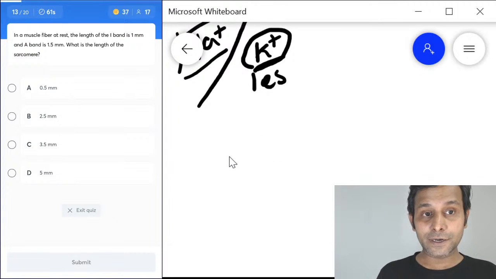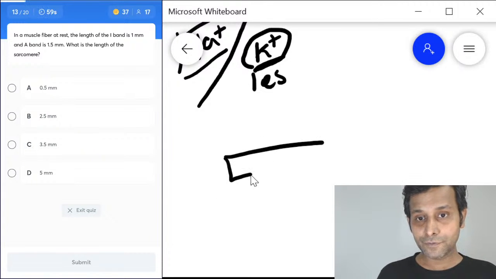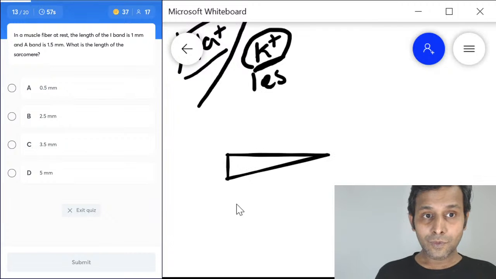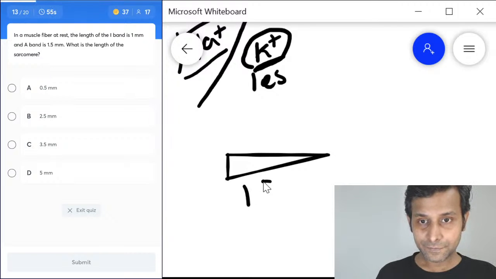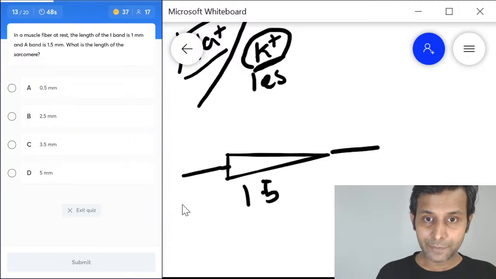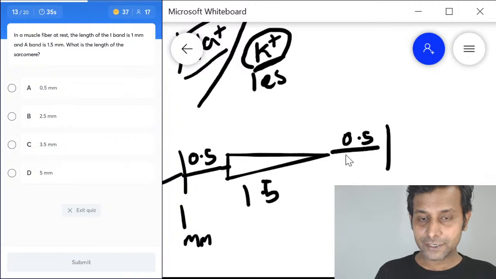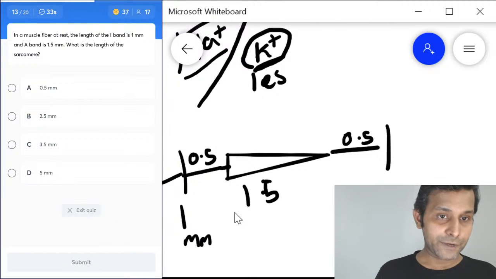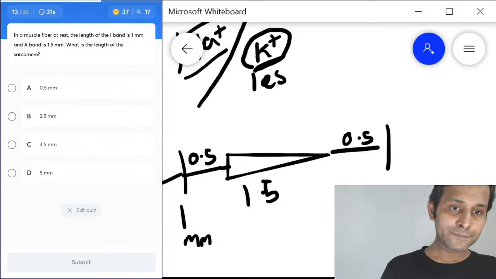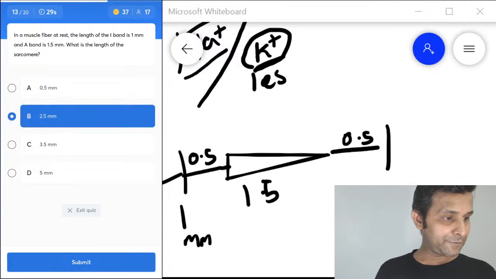If we have A band of 1.5 and I band of 1 millimeter, then remember 1 millimeter is on either side of the sarcomere. So we have 0.5 on this side and 0.5 on this side. So 0.5, 0.5 and 1.5. The total answer should not be more than 2.5. What do you all think?